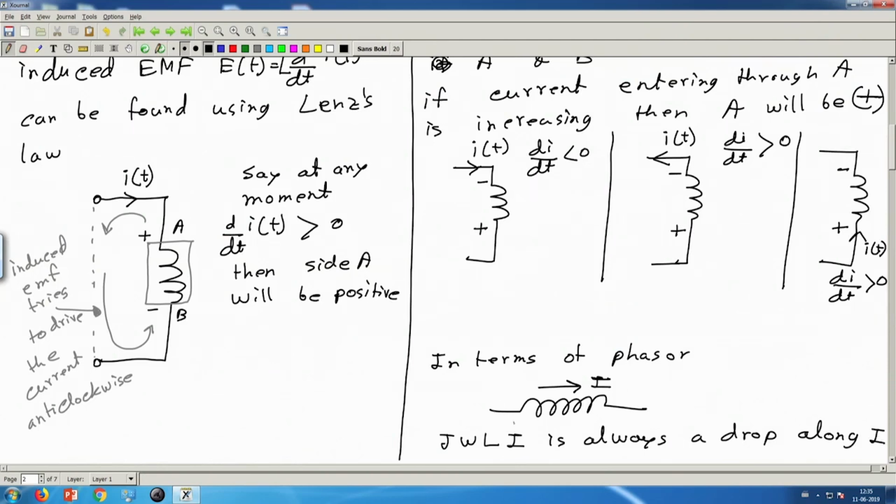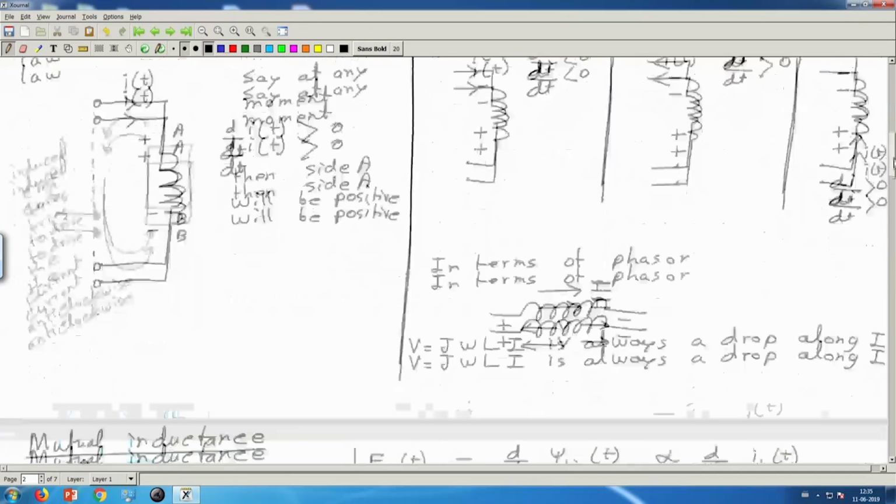So this voltage V is equal to J omega L I. This will be like this, V plus minus, this is a drop. Okay, this is same as this. Think of it.